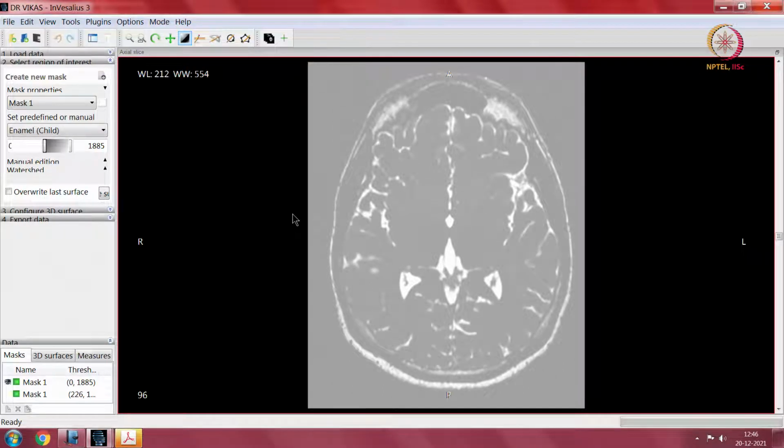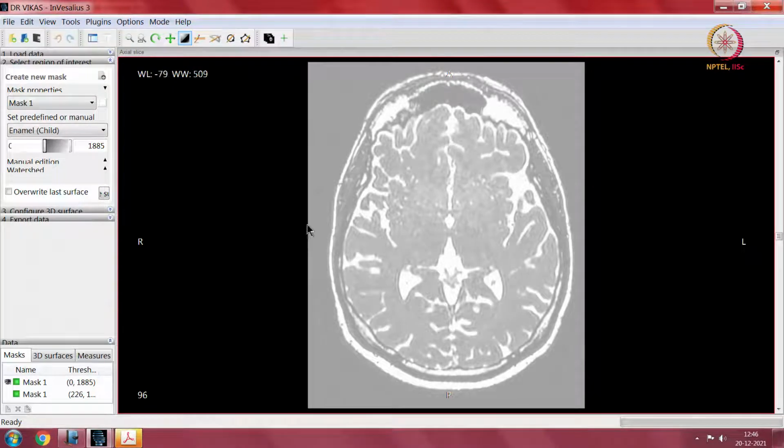What is best in this image is that you can make out structures which are outside and inside of the brain. Okay, so, that is the idea.